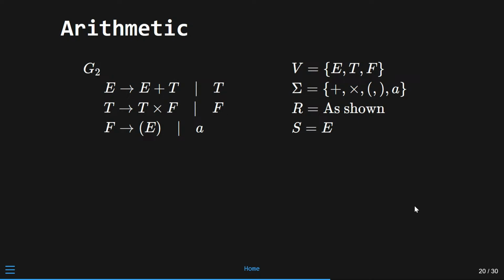E denotes expression. T and F don't really stand for much of anything at all. Times, I think. We can take an expression and say that it is an expression plus some other expression, a summation, or it is a T. We can take a times expression and say that that is a times expression cross a finishing or final expression.